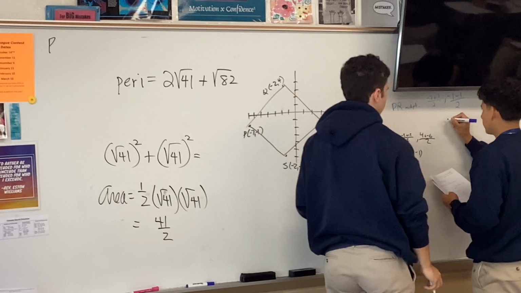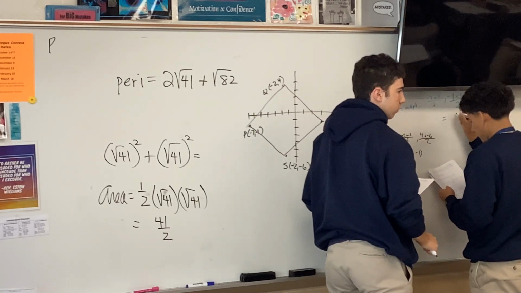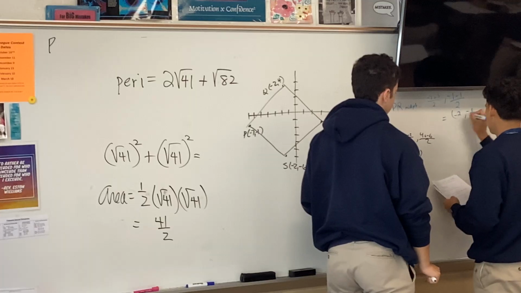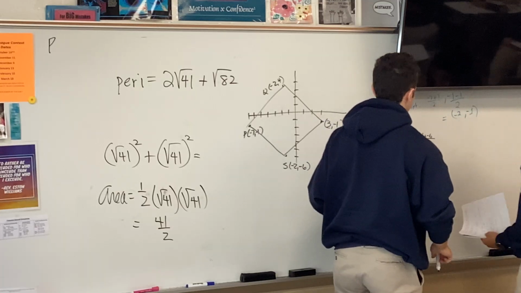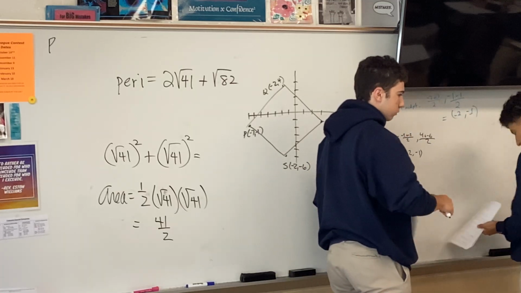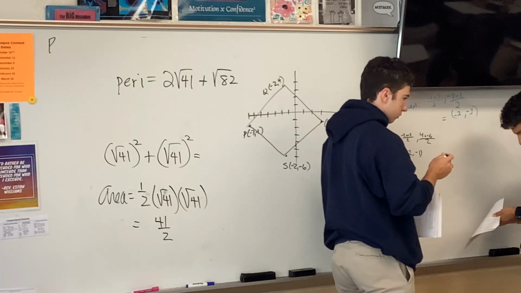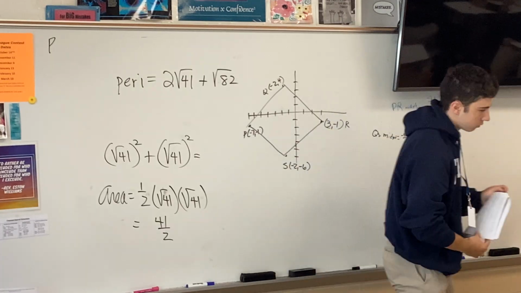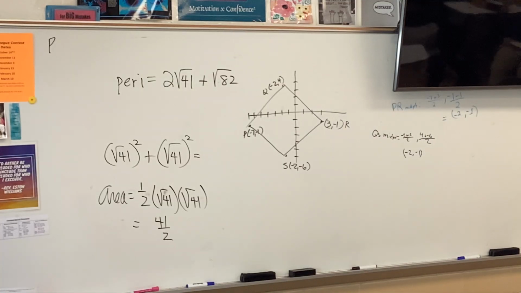By the way, if the diagonals do indeed bisect each other, we're figuring that out right now. What kind of quadrilateral do we have? I heard somebody say rectangle, does it have to be a rectangle? It could.